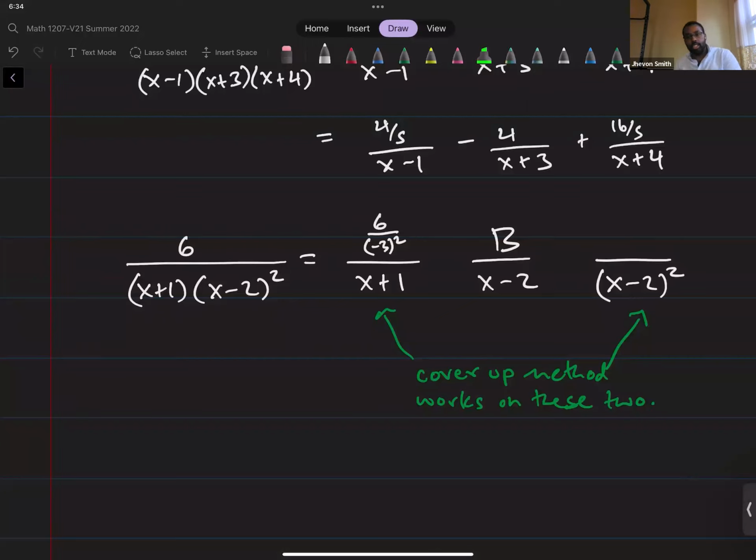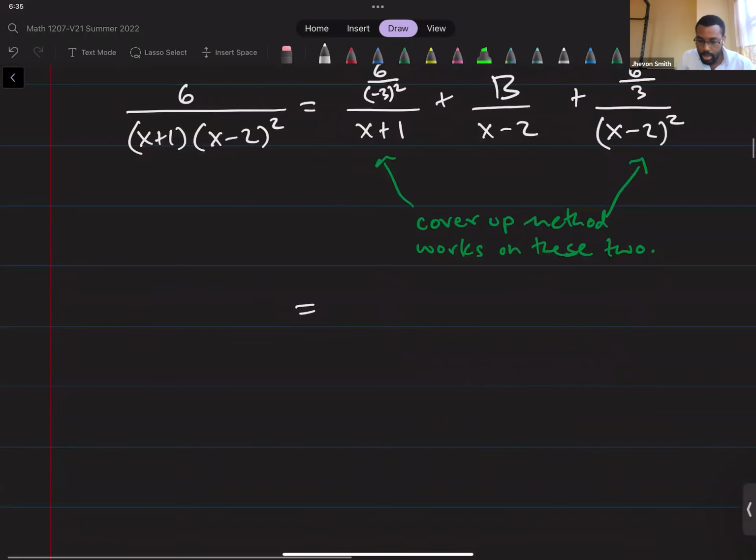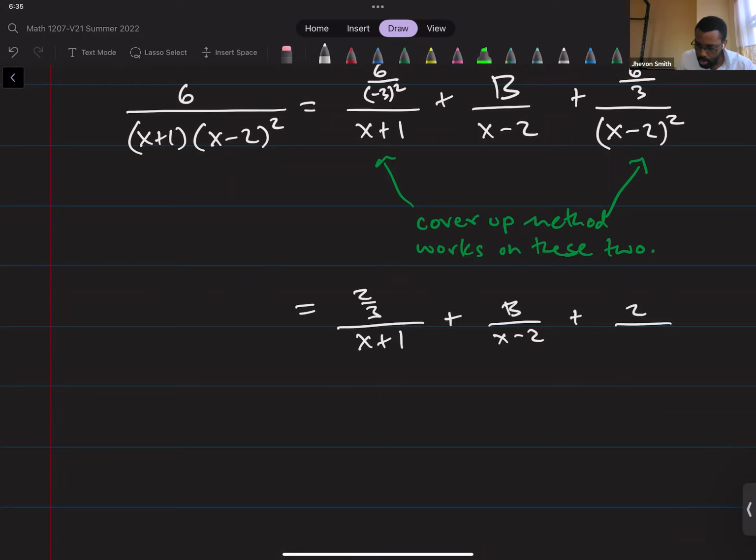For the x minus 2 factor, if I cover up the x minus 2 squared and plug in x equals 2, I would get 6 divided by 3. It turns out that those are going to be the numbers. So that's 9, and this is going to be 2/3 plus some b over x minus 2 plus 2 over x minus 2 squared.